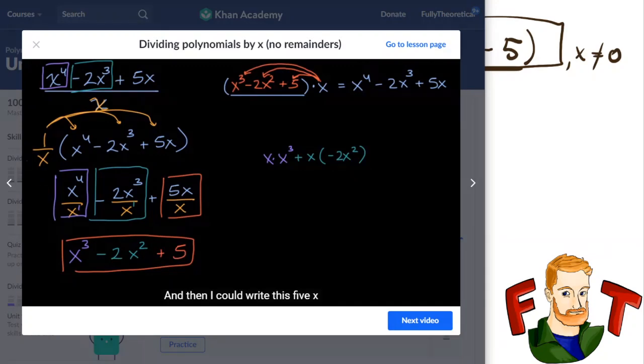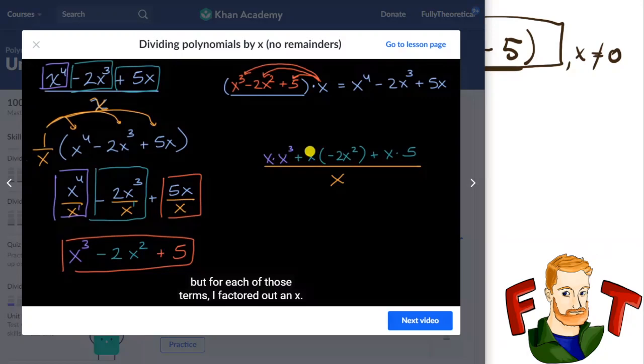And then I could write this 5x as being equal to plus x times 5. And then I'm going to divide everything by x. I just rewrote the numerator here, but for each of those terms, I factored out an x. And now I can factor out x out of the whole thing.